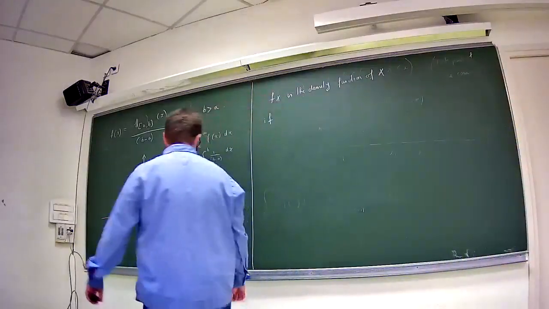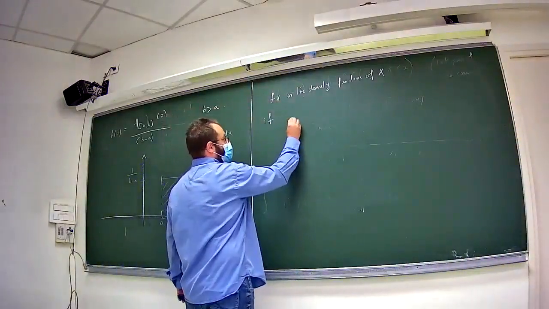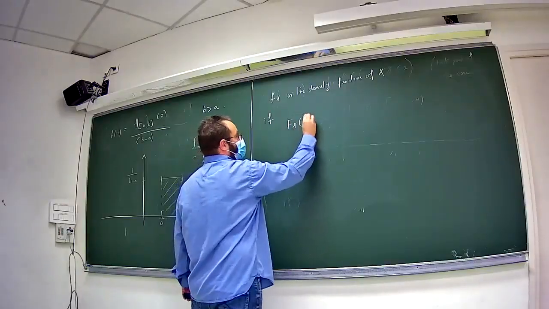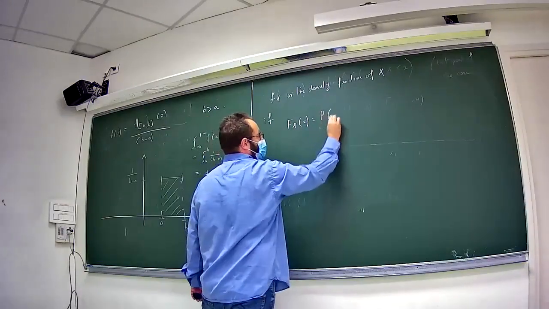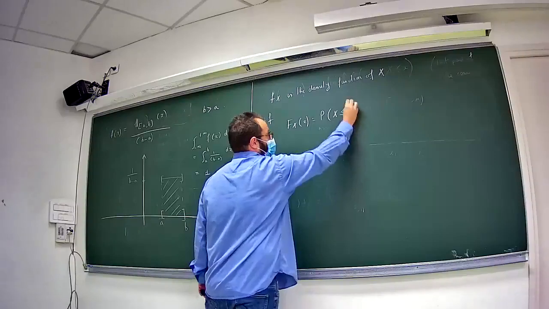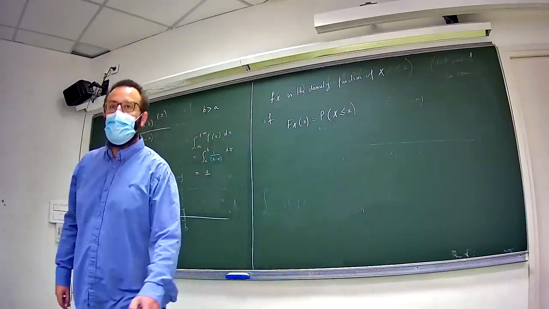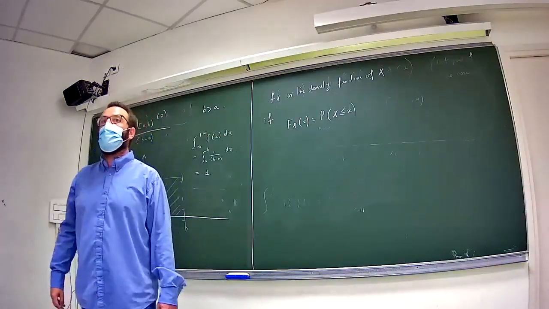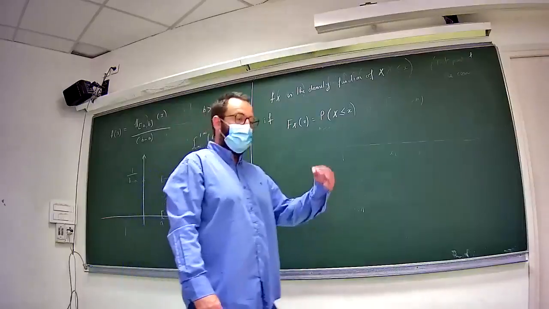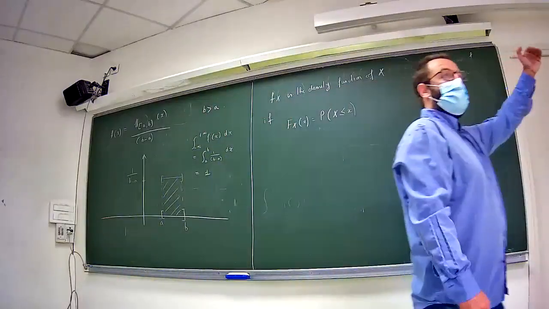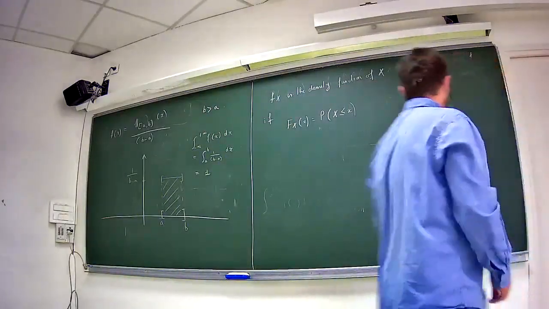If the distribution function of x, that is the probability that x is less than small x, in order to compute the probability that I am less than x, you have just to compute the integral between minus infinity and x of the density function.